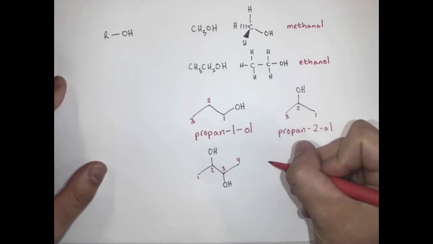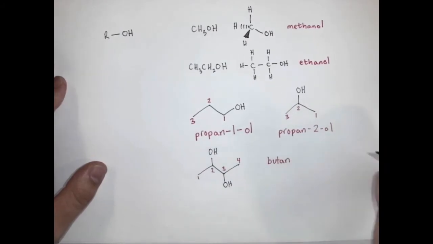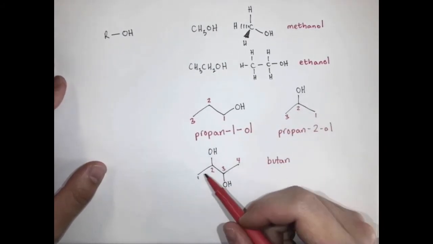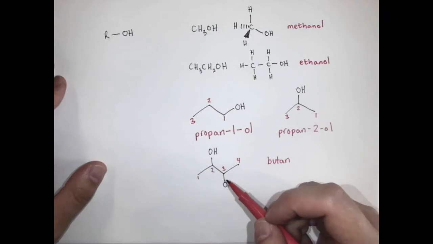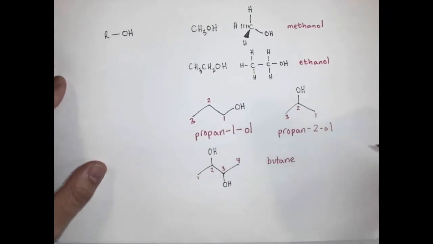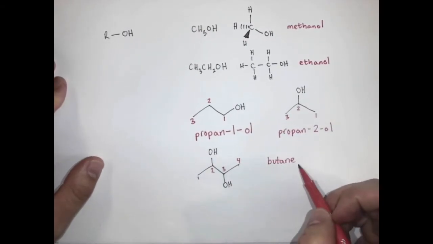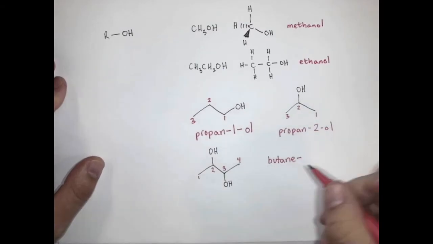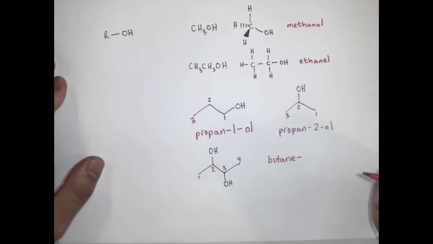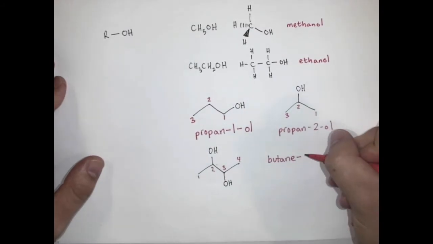So I would start naming this butan. Now here's the difference. When I have multiple hydroxyl groups in an alcohol, that's when I can leave the E on the root. So I would name this butane, then I write a hyphen, and then I write the numbers where the hydroxyl groups occur, the numbers of the carbons on the main chain where the hydroxyl groups occur.